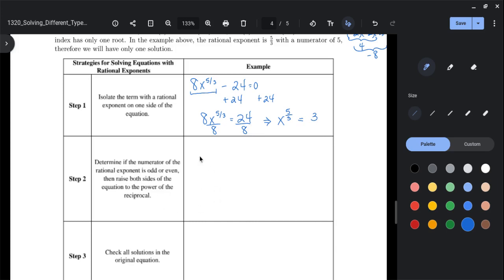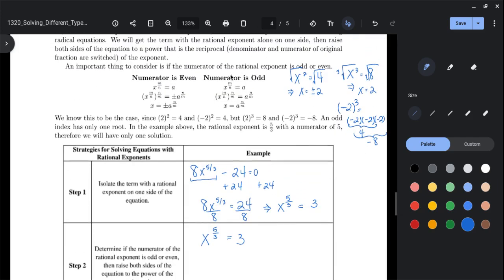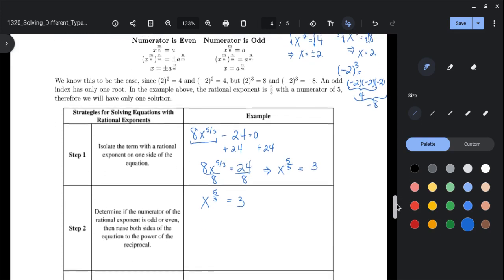All right, so now looking at my equation, let me rewrite this here. We have x to the 5/3 power equals 3. My numerator is 5. 5 is odd, so we are only going to have to worry about the positive of our solution.